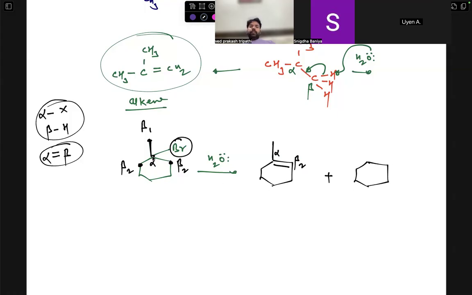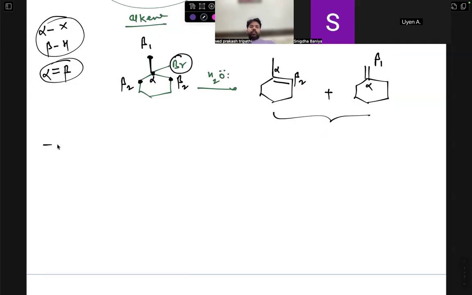If we eliminate the beta 1 hydrogen, the top one, the double bond would be between alpha and beta 1, like this. Make sense? Please tell me, everyone. I will discuss later which one is more stable out of them. But right now, I am just going to tell you how many products we can generate. Clear? Okay.